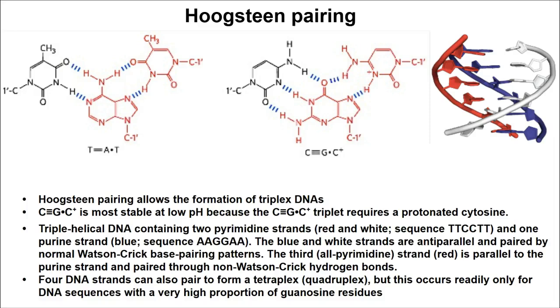Last but not least, I know you're probably very familiar with DNA having a double helix, but DNA can actually form a triplex. This is called Hoogsteen pairing, which allows this formation.